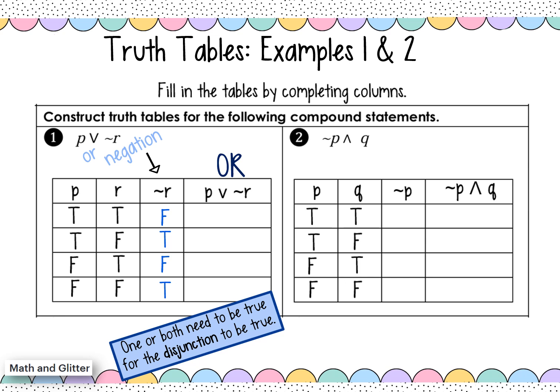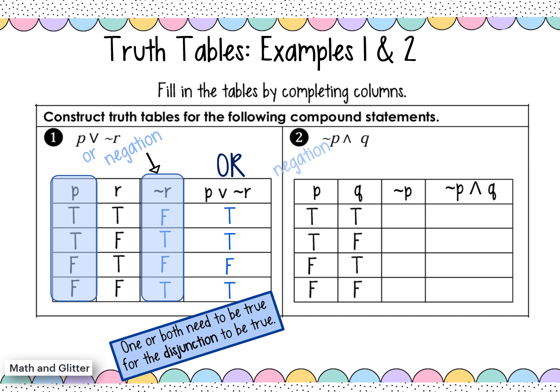So P or not R, we're looking at those two columns there. And for or, one or both need to be true for the disjunction to be true. So TF true, TT true, FF no, and FT true, because at least one was true to be true.